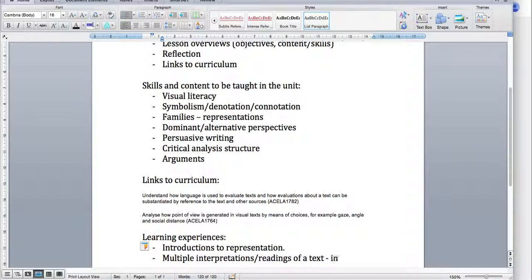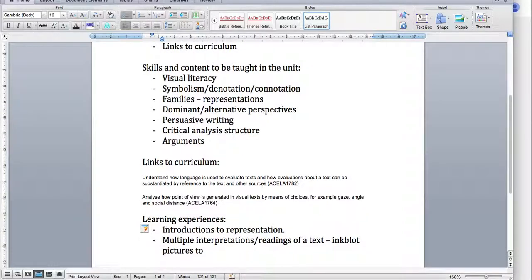You could use the inkblot pictures. Text differently. Okay, so you're just writing down activities that you could do.